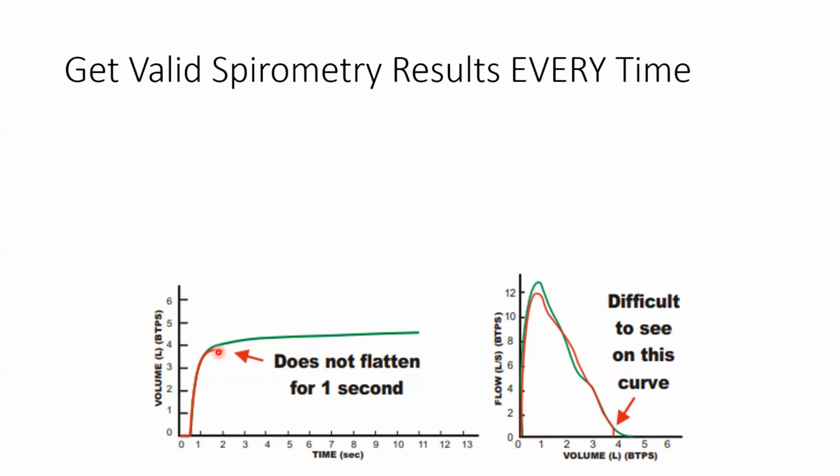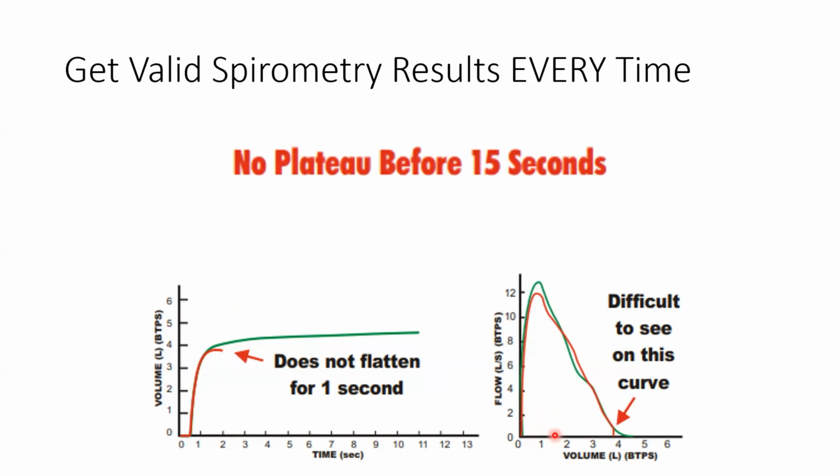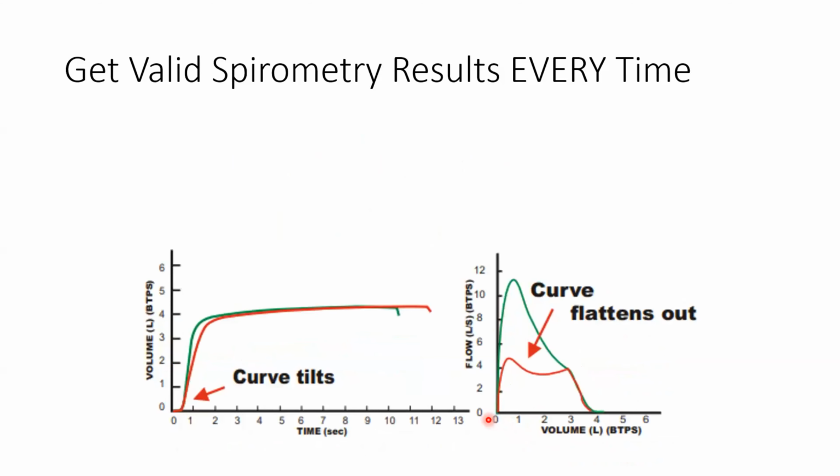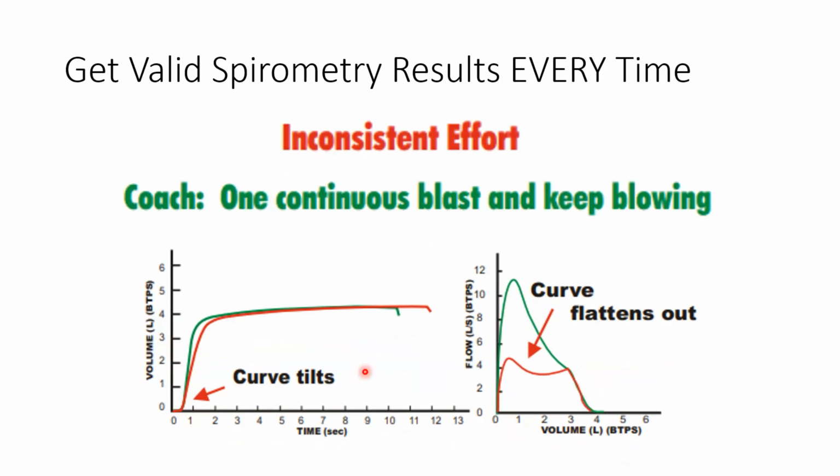All right. This quit and never flattened. Okay. No plateau before 15 seconds. Keep blowing until I tell you to stop. Okay. Variety in the different curves. Inconsistent effort. One continuous blast and keep blowing.